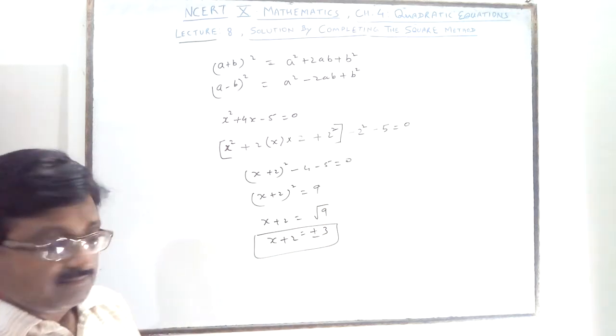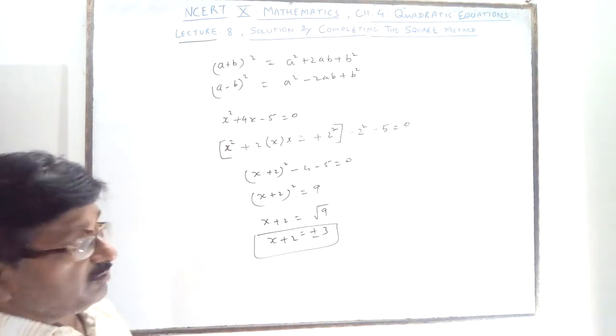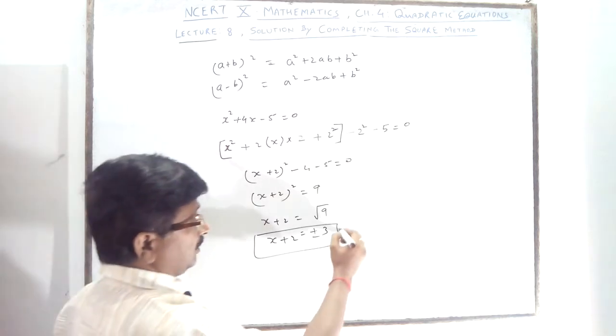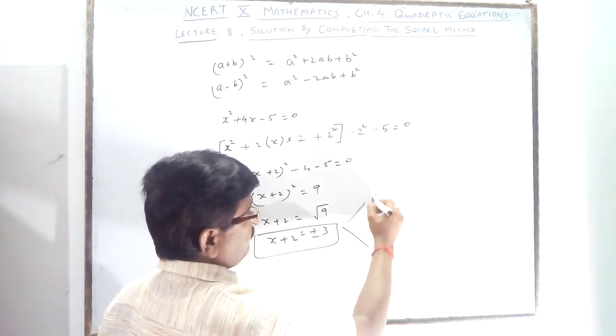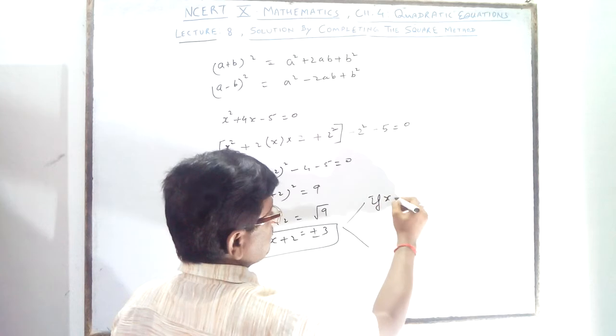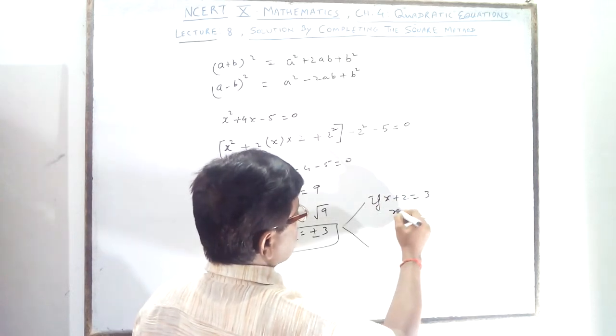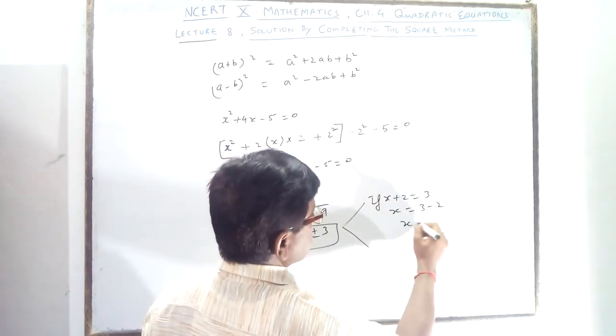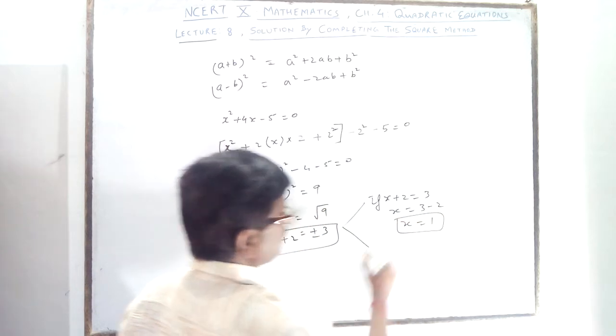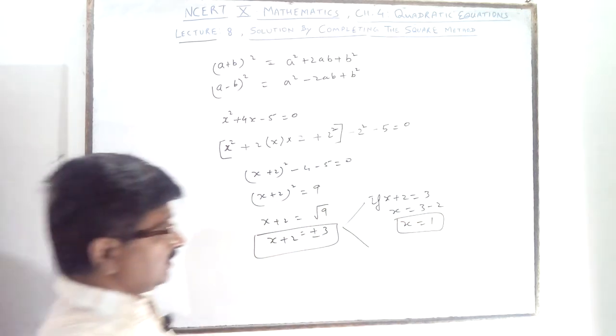Now x plus 2 equals plus minus 3. Now there are two options. If x plus 2 equals 3, then x equals 3 minus 2, so x equals 1. One answer you are getting.